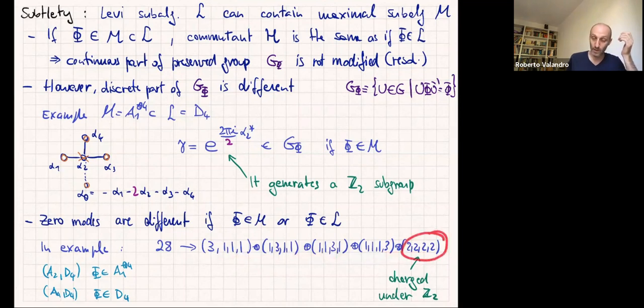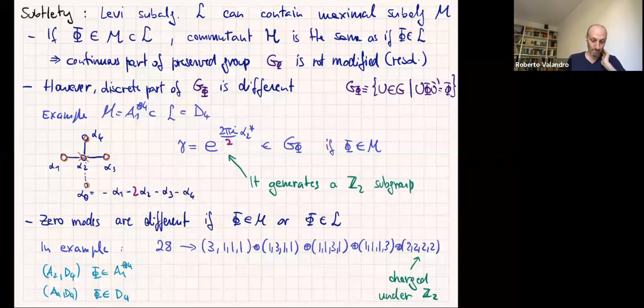So if, for example, you find modes that are charged under some Z2. Now this is actually a case that is realized in one of these threefolds, the simple A2 D4 singularity. You have modes that are charged under a discrete symmetry Z2, and if this discrete symmetry is gauged, then you will have an orbifold as your Higgs branch.